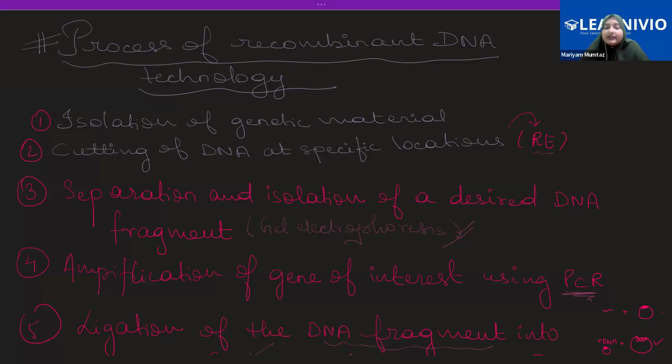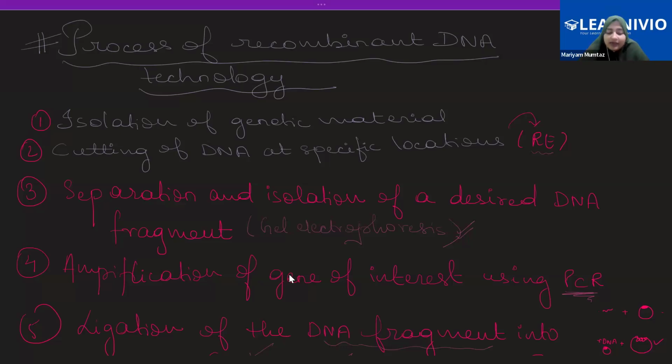Under the electric field, it varies according to the charge of the DNA and its size. Particularly, it is based on the size. The smaller one will go faster or farther, and the one that is bigger or heavier will stay behind.